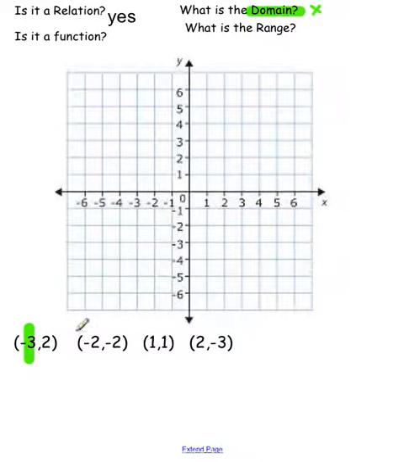I'm going to highlight those green. So what is my domain? With a solution set, my domain is -3, -2, 1, and 2. And I'm going to close my solution set. What is my range? Remember, range is your y's. So I'm going to go highlight all of my y values.